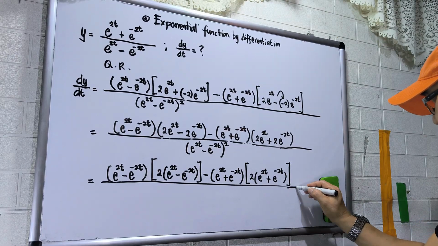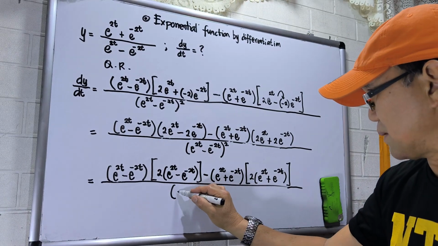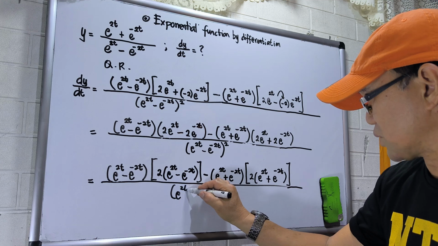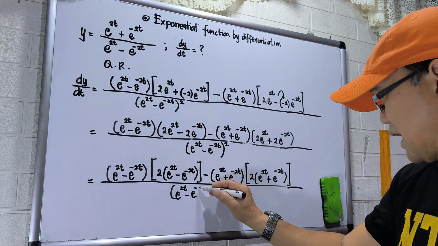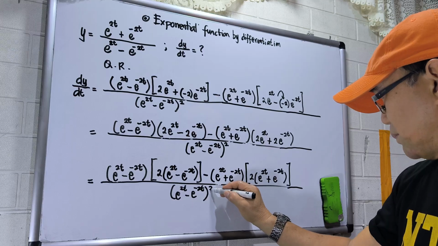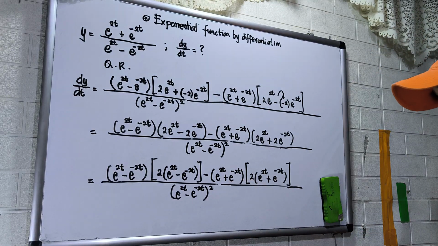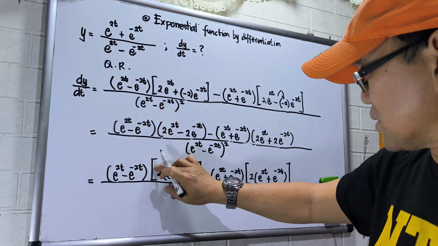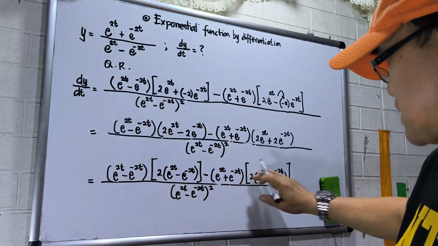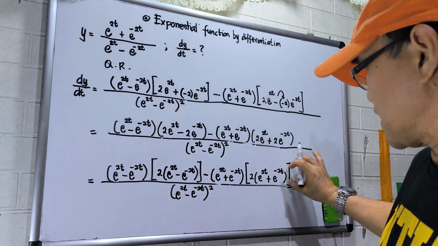Then square brackets, (e raised to the 2t minus e raised to the negative 2t) squared. As I said, I will use another grouping symbol of grouping. So it must be circle brackets.